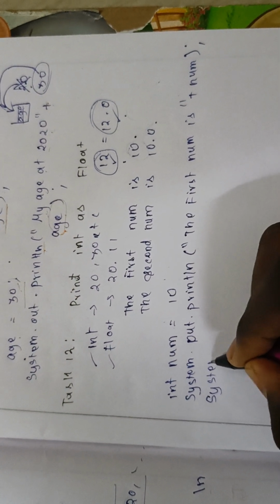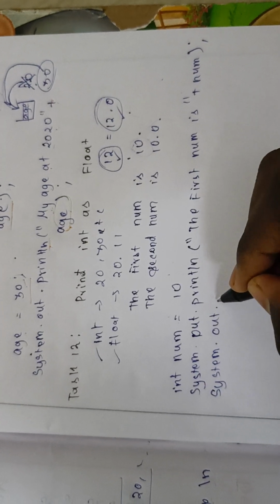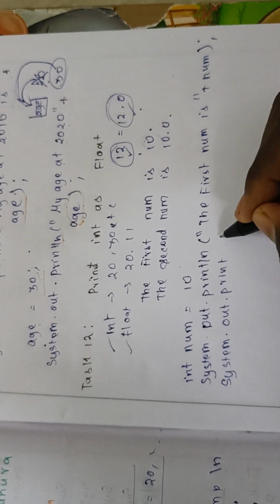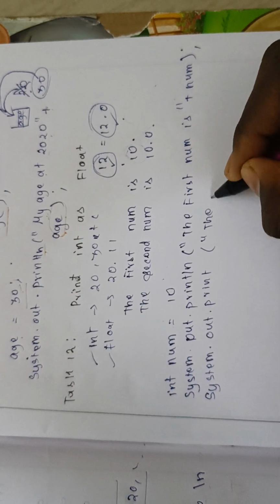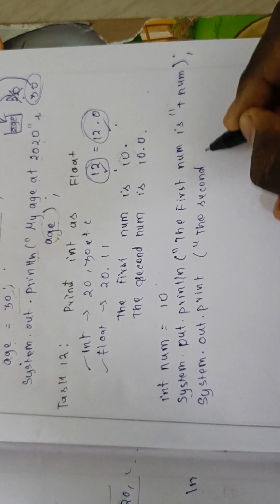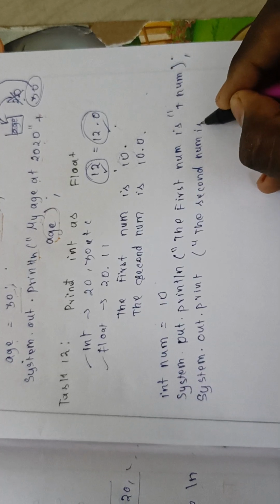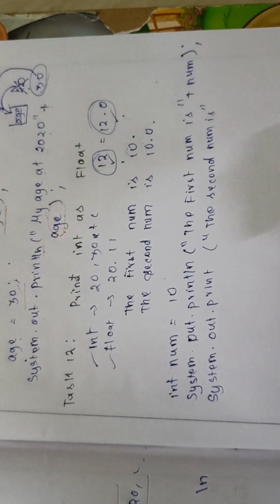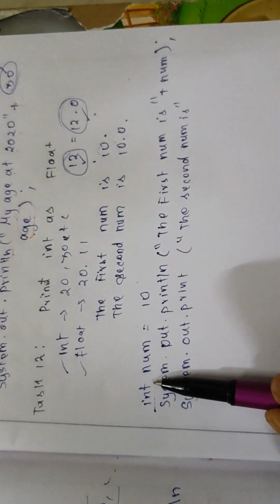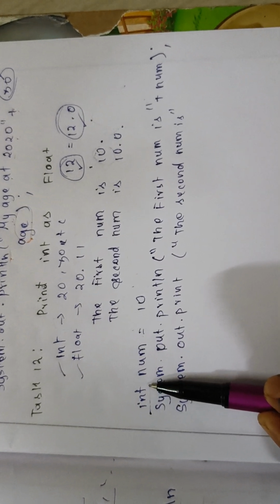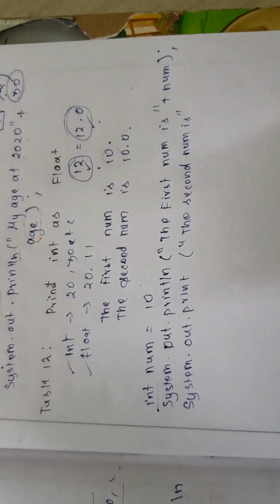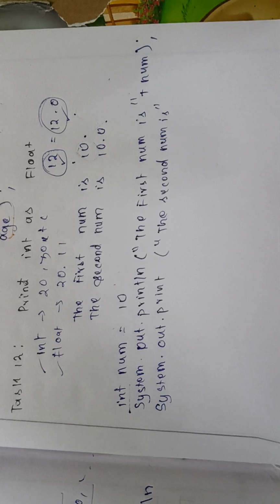Again, print this: system dot out dot print, the second num is. See, listen, this is the int. What do I need to change? I need to change to float. So you are converting int to float.